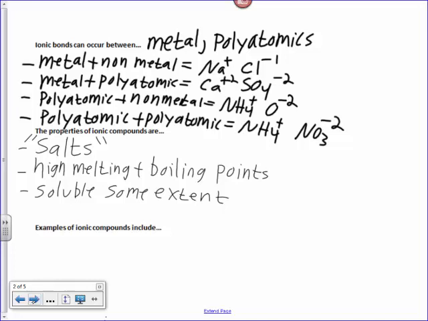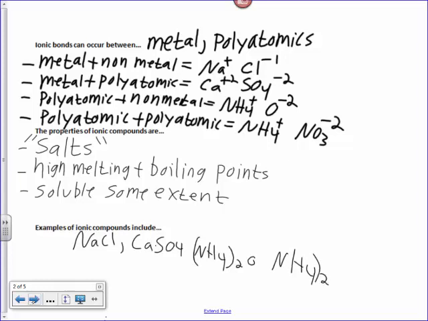So examples of ionic compounds include, you can see it up there, sodium chloride, calcium sulfate, ammonium oxide, and ammonium nitrate. Ooh, I did that wrong. Also, if you see this parenthesis right here, if you're looking at that, you know you've got an ionic compound.